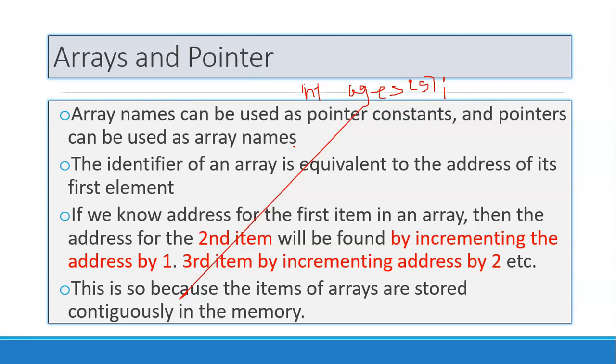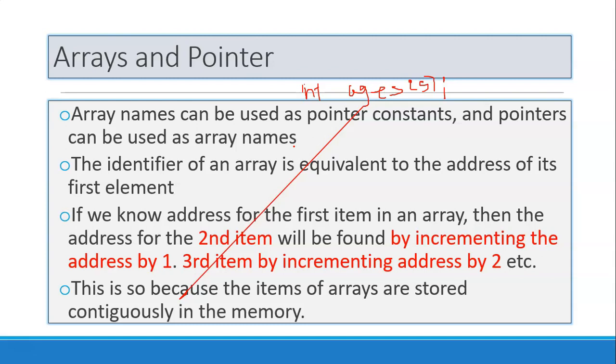But the point here that we should take home is, if you just use the array name without an index, that array name gives you the address of the first element of that array. So if the array has 10 numbers, the name of the array will give you the address of the first element. And you should remember that the elements are stored in a contiguous manner.